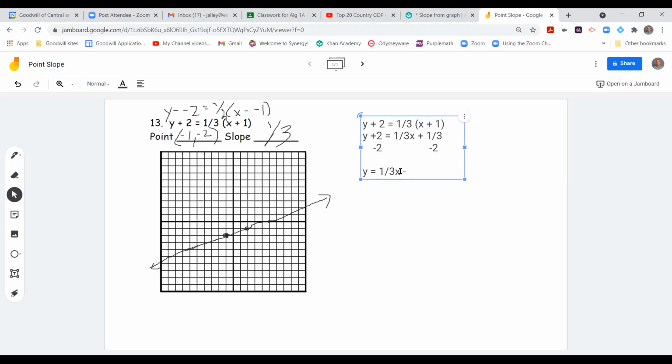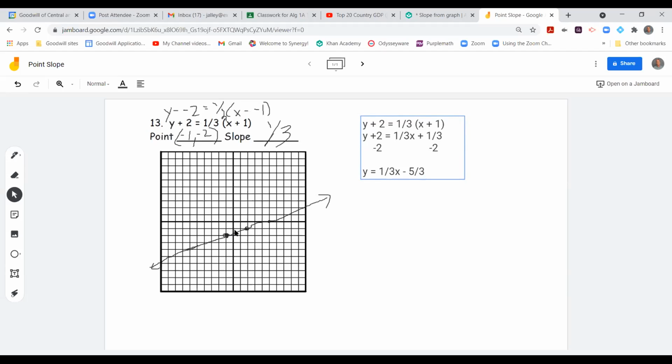Oh, it's supposed to be plus. 1/3, take that away from 2, it would be 1 2/3. 2 in thirds is 6/3, so 6/3 leaves me with 5/3. 5/3 is 1 2/3, which is pretty close to what I estimated when I look at the graph. That's 1 2/3 negative. It's between 1 and 2.